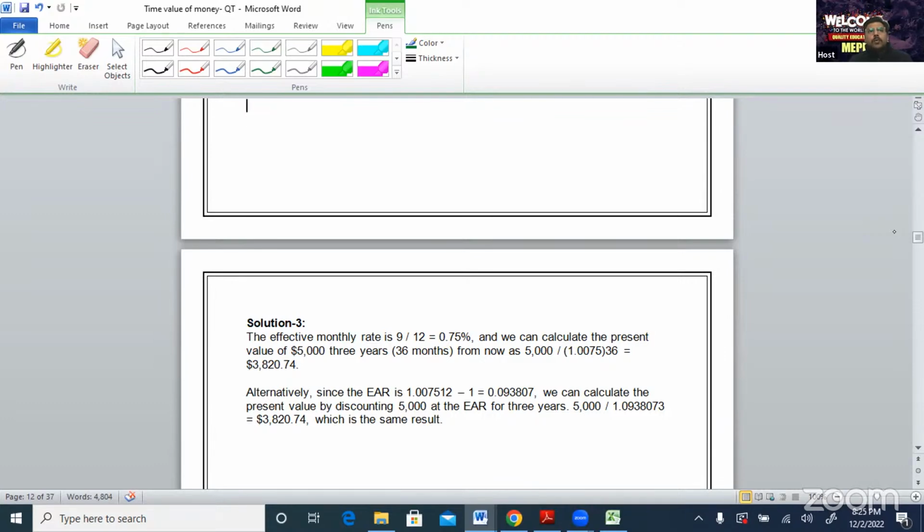Please try to do the questions on the topics which we have covered, from the time value of money topic of quantitative techniques. The rest of the things left for this chapter we will do in the next class.